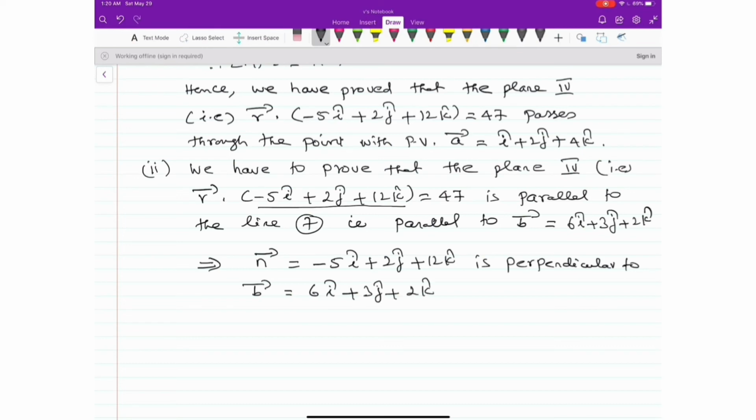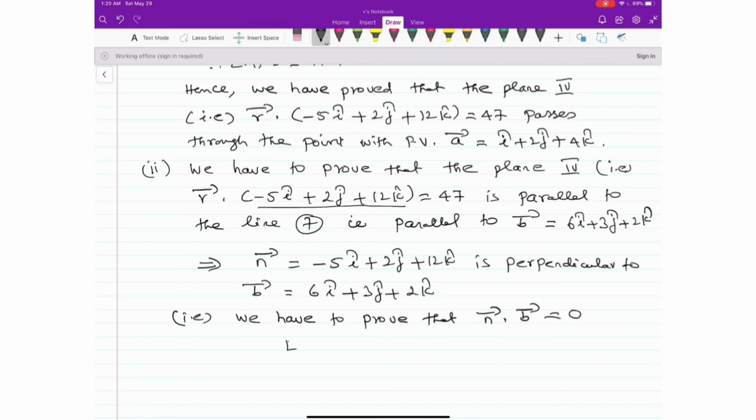This is what you have to prove, isn't it? So, we have to prove that n vector dot b vector is equal to 0.